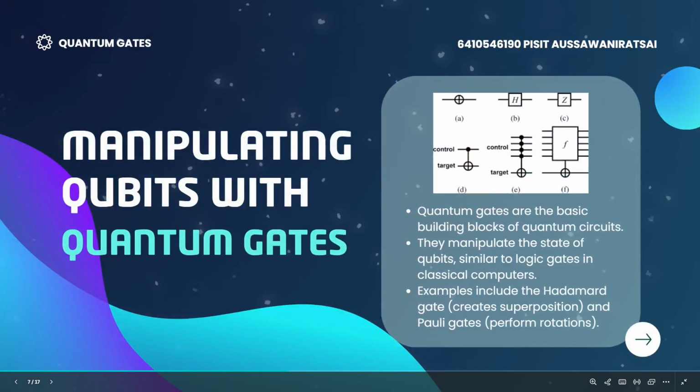And next is about quantum gates. Just like classical computers use logic gates like AND, OR, and NOT to manipulate bits, quantum computers use quantum gates to manipulate qubits. These gates are the fundamental building blocks of quantum circuits.